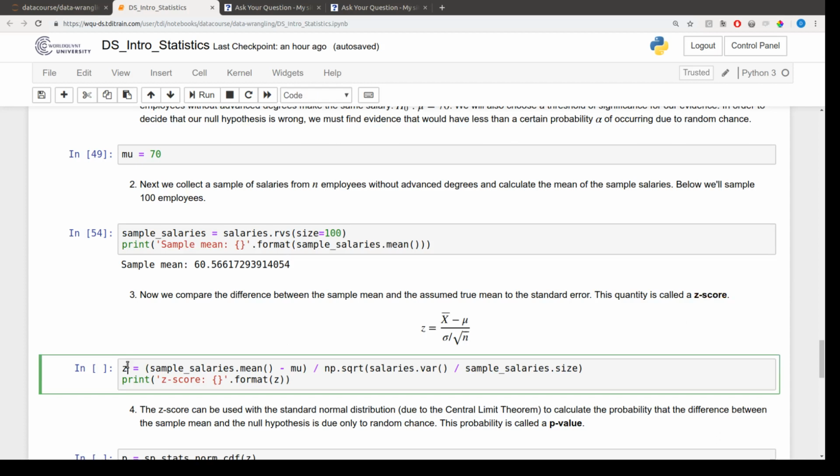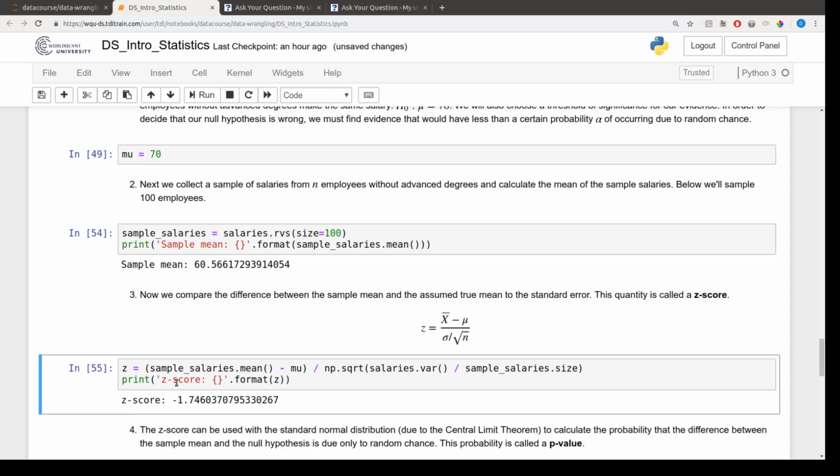So I'm going to define z equal to the difference between my sample mean and mu divided by my standard error. So this gives me a z-score of negative 1.74, or 5 if you're rounding.